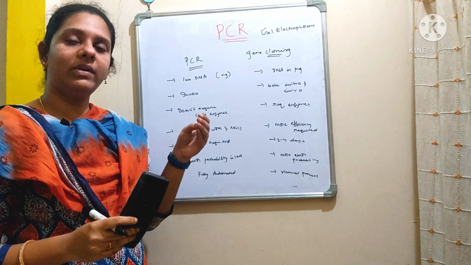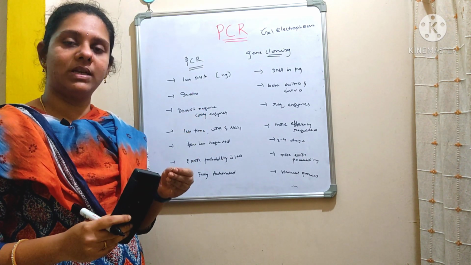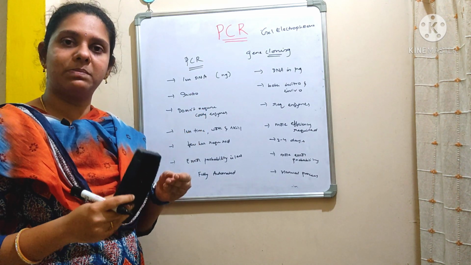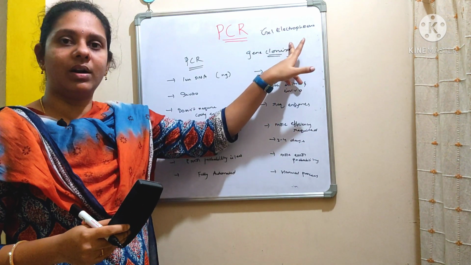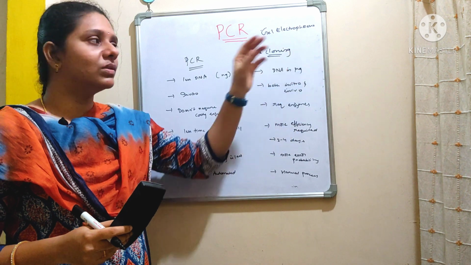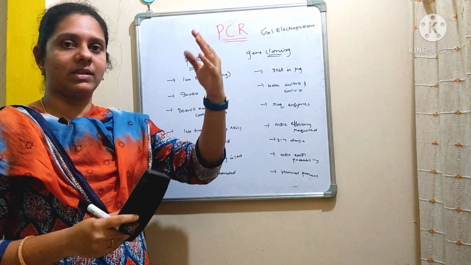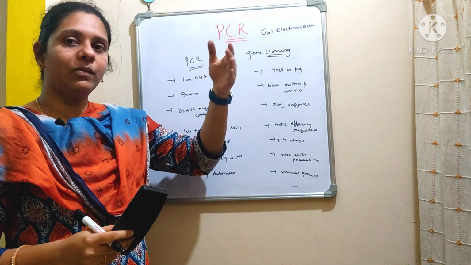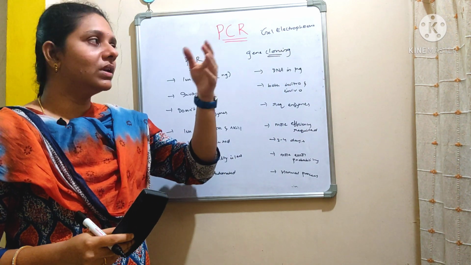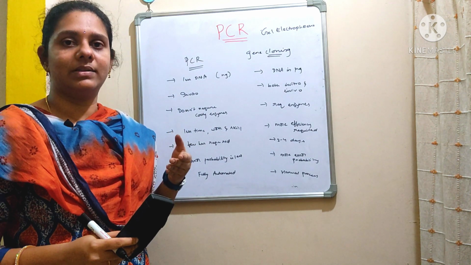When you have DNA of different fragments and you want to separate those fragments based on size and charge, you perform agarose gel electrophoresis. The smaller molecules will move faster and the larger molecules will move at a slower rate, and when you observe the gel, you will see different DNA bands.